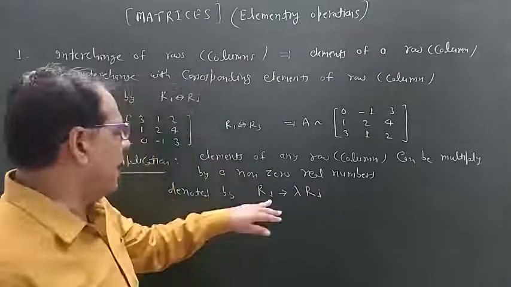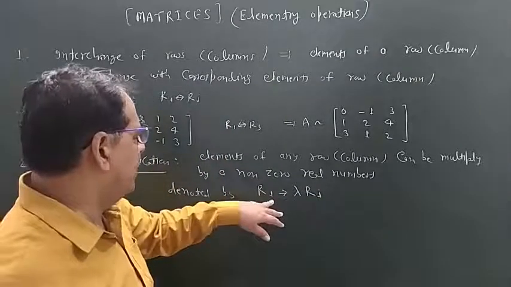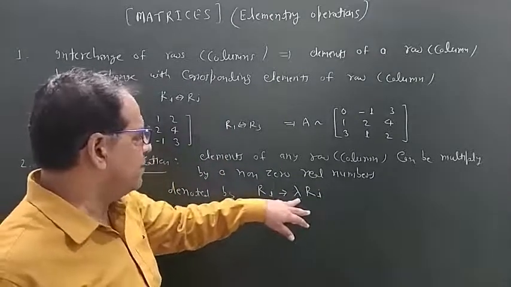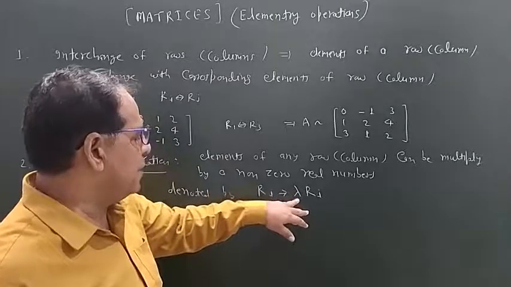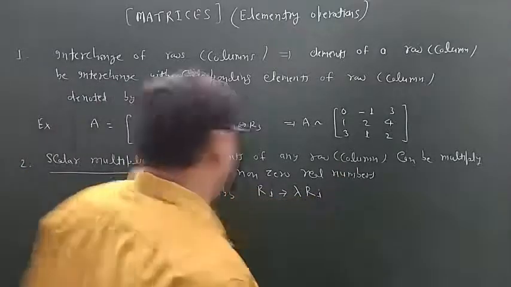That means the ith row can be replaced by scalar multiplication of lambda with the elements of Ri.